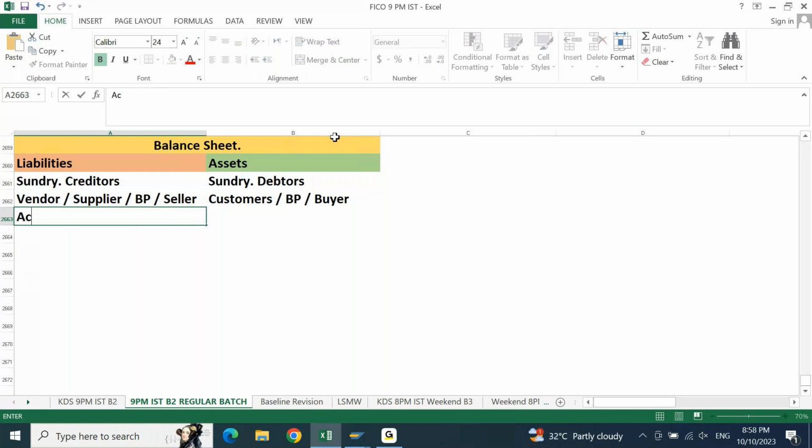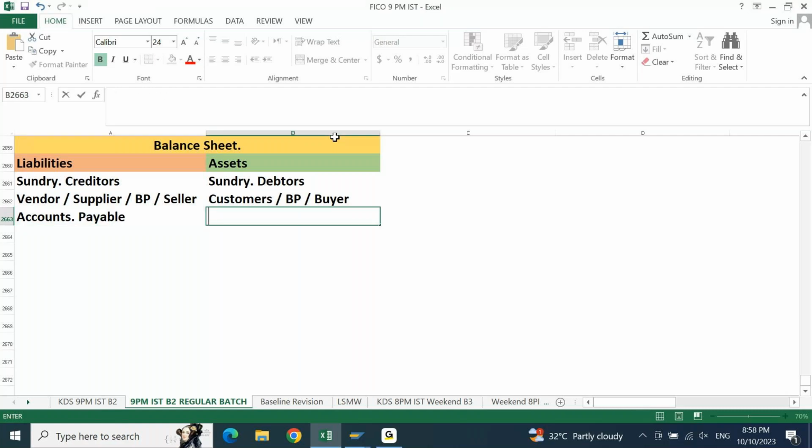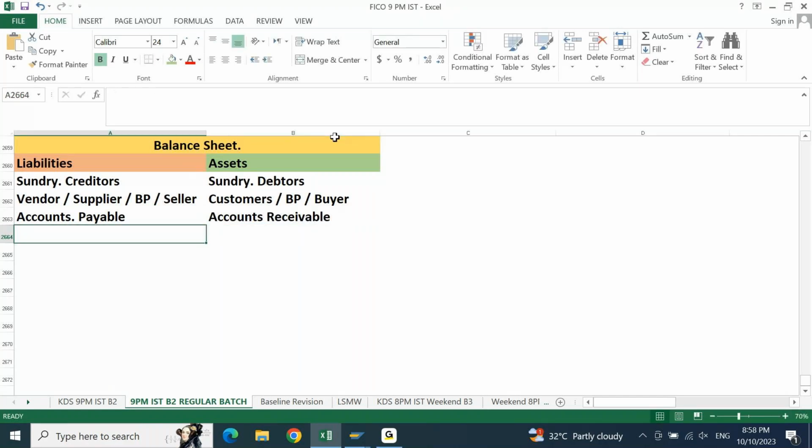In place of sundry creditor, in place of sundry debtor, these are the alternative names. Apart from this, you can also call it as accounts payable, accounts receivable. This way also you can call it in your balance sheet. But end of the day, whenever you're talking about accounts payable, accounts receivable, we need to understand how this is represented in your financials.